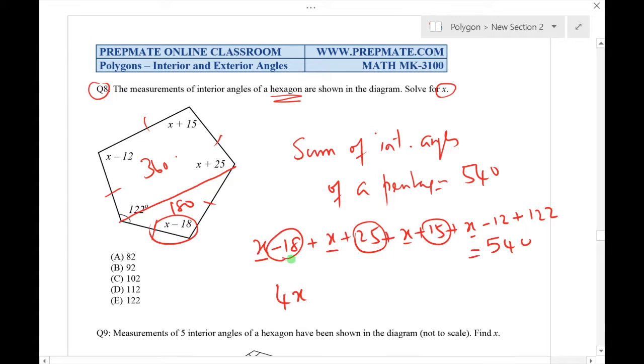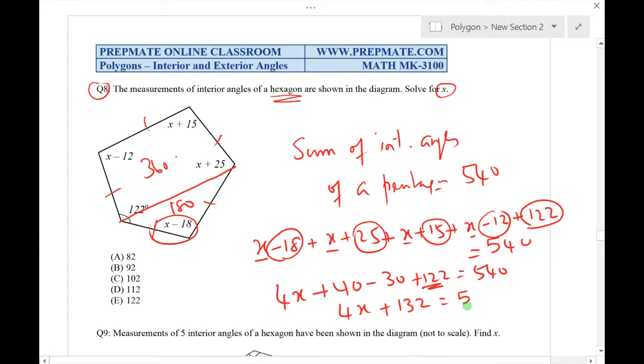And negative 18 and negative 12 make how much? That'll be negative 30. So just for the sake of understanding, I'm going to write this as plus 40 minus 30. And then we also have a 122. Don't lose that. Equals 540. So this becomes 4x. 40 minus 30 is 10. Add this to 122, that becomes 132, plus 4x is equal to 540.